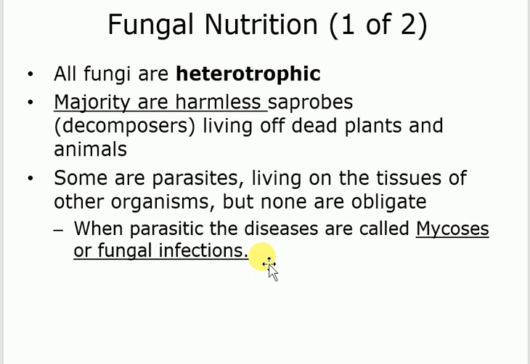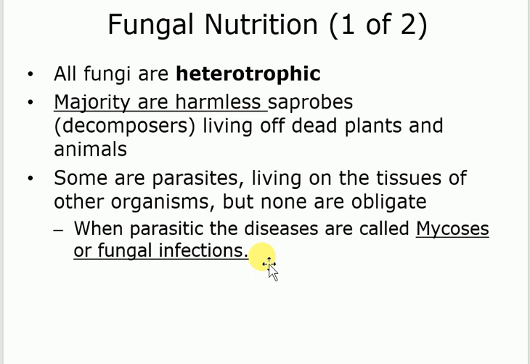When these types of fungus, which are parasites, cause disease, whether in animals or humans, we call that mycosis. Like we know athlete's foot, right? Isn't that a fungal infection? We call that infection mycosis.